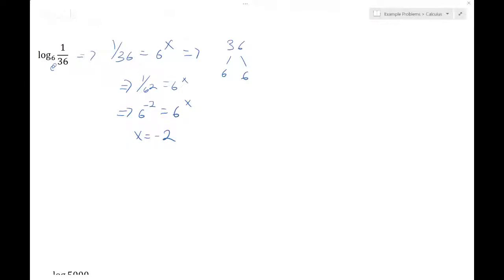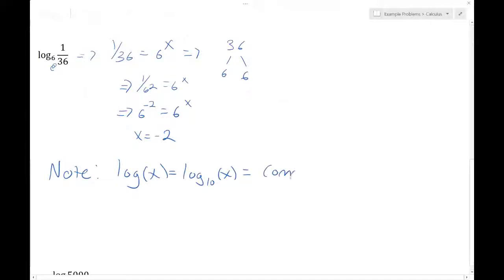So a quick note before I say anything else, when you're using your calculator, it's in common log, which is just log of x equal to log base 10 of x. Your calculator works in base 10, so that's the log you'll use when you're making calculations on a calculator.